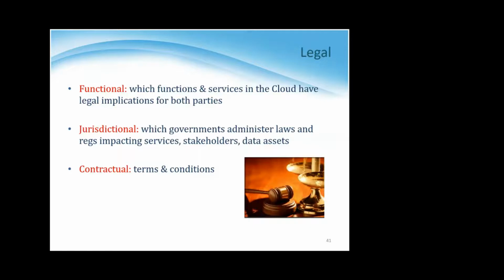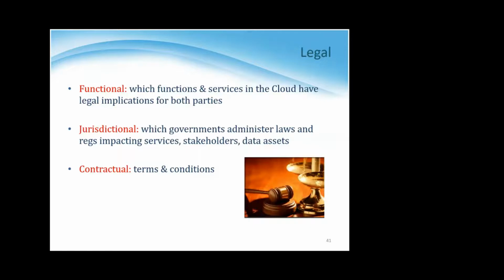Functional, everybody knows that. When a consumer and provider have to accept the terms and conditions for the operation of any kind of cloud-based account, your Gmail account, your Facebook account, Twitter accounts, everything is maintained in cloud.